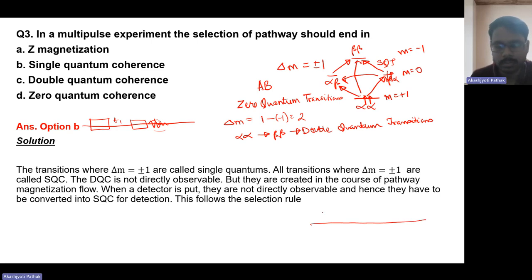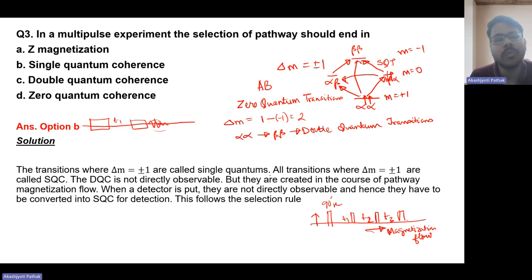Okay. So there was a preparation period, and then a 90-degree pulse, and then there are different times, T1, T2, T3. In all these periods, there will be flow of magnetization, and during this flow of magnetization, these different terms are created.